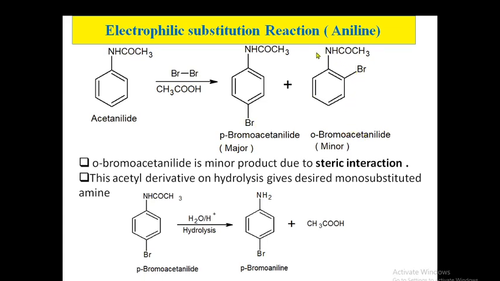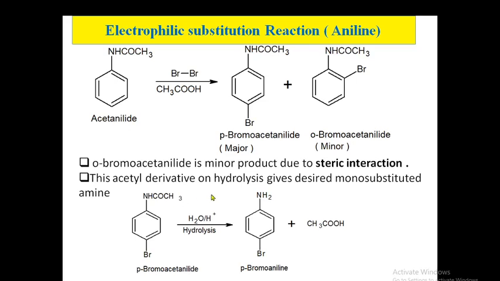If you see here, this NHCOCH3 group is a bulkier group, and hence at the ortho position steric interaction is created, and therefore the percentage of ortho bromoacetanilide is less. Hence you will get the para bromoacetanilide as a major product.